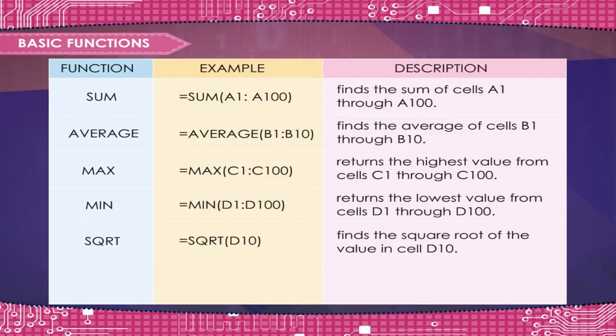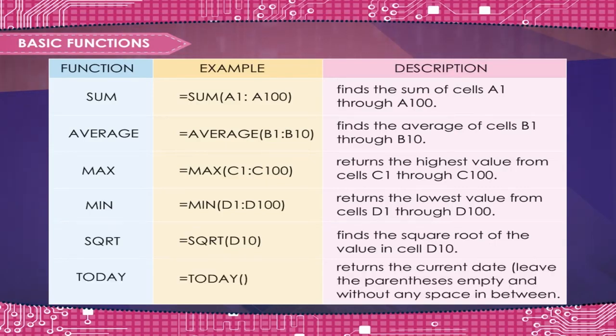SQRT: =SQRT(D10). Finds the square root of the value in cell D10. Today: =TODAY(). Returns the current date. Leave the parentheses empty and without any space in between.